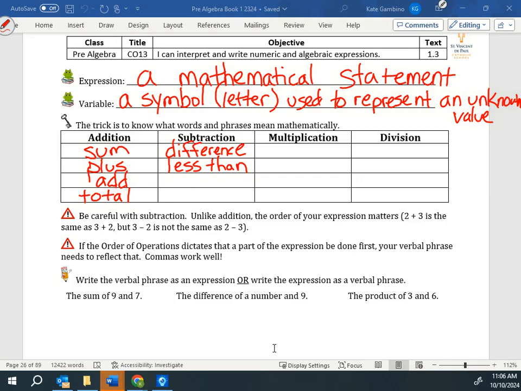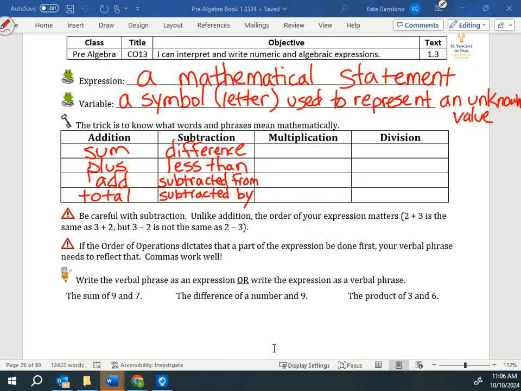Christina. Yeah, so instead of just putting subtract, I'm going to say subtracted from and subtracted by. Now these mean two different things.